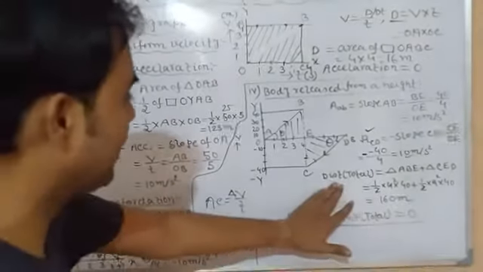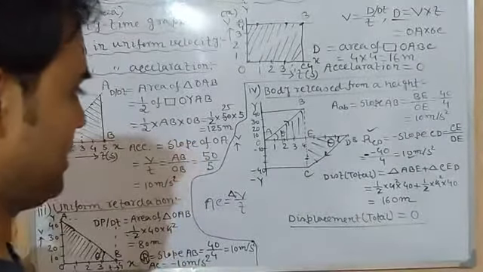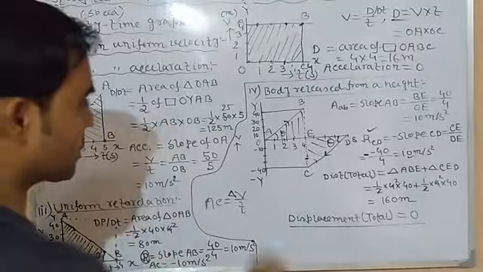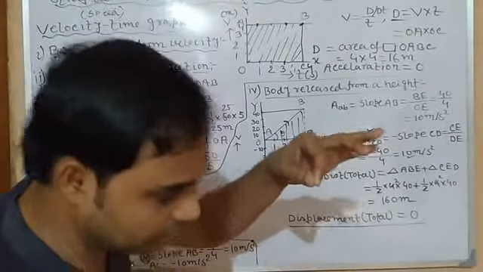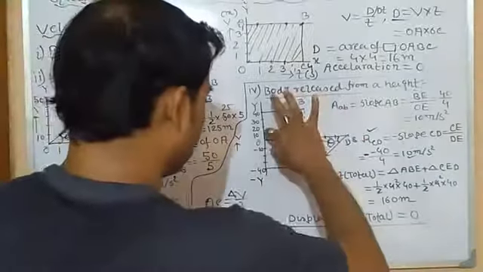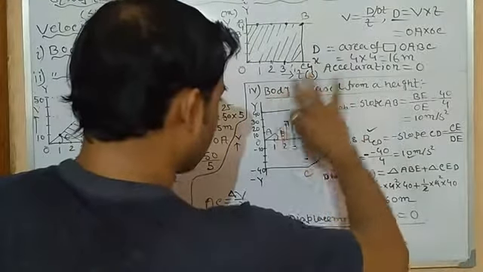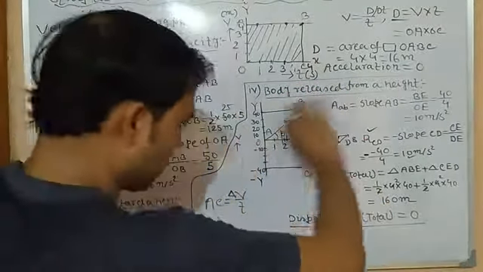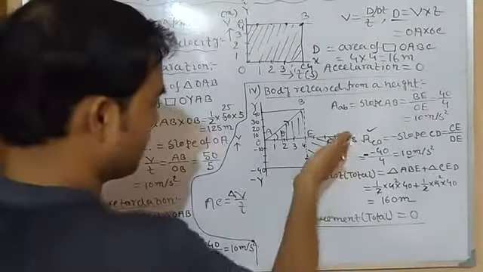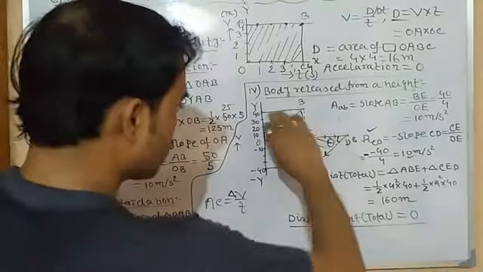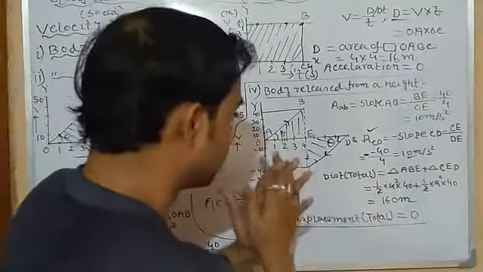Now what is the total distance? Since it hit the ground and then bounced back, this represents the downward motion, first case, and this is the bounce back journey after hitting the floor. So both the triangles represent the distance.